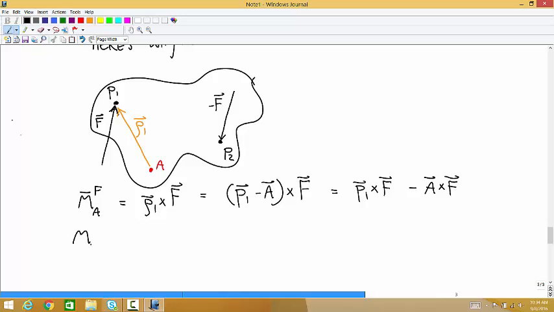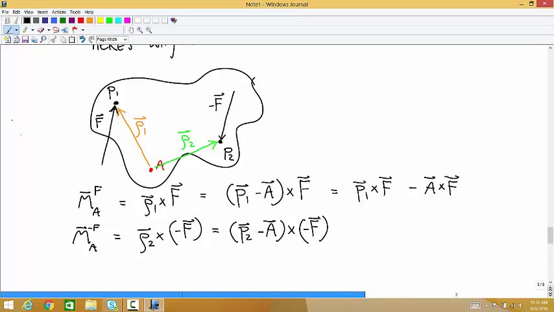And now I'm going to calculate the moment produced by the force negative F. So this one is equal to the row 2 vector crossed with negative F. Row 2 is the quantity P2 minus A, and we're crossing that with negative F. And then distribute again, and you get negative P2 cross F plus A cross F. I pulled all the negative signs out.